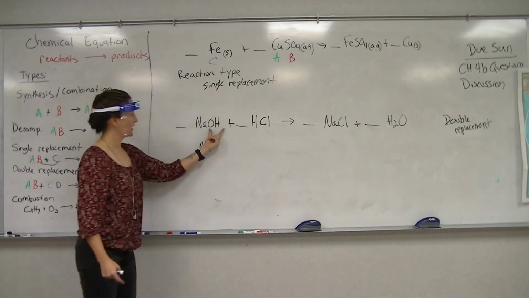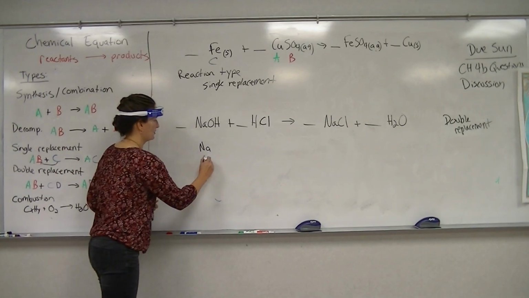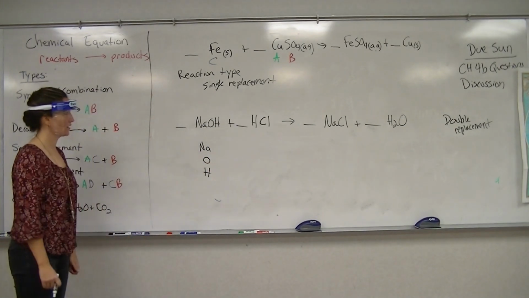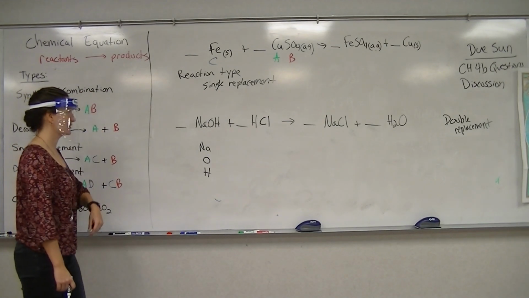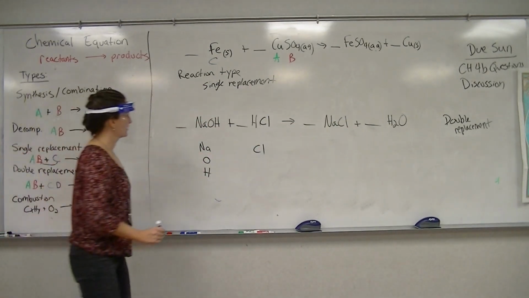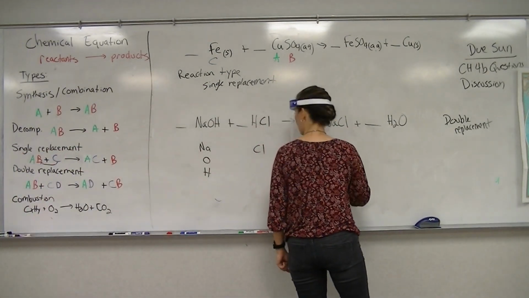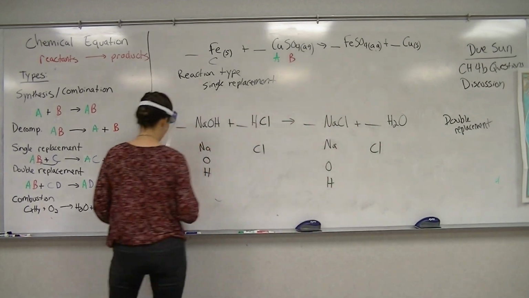So we need to separate this into oxygen and hydrogen separately, not keep it together. We also have hydrogen in two spots. Look at that, makes it a little bit more interesting. So I'm going to do that over here too: sodium, my oxygen, my hydrogen, my chlorine. I just keep it in the same order.